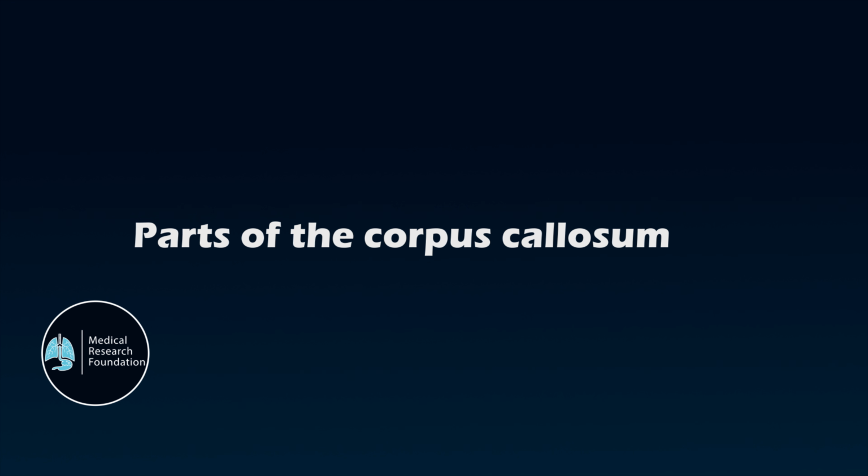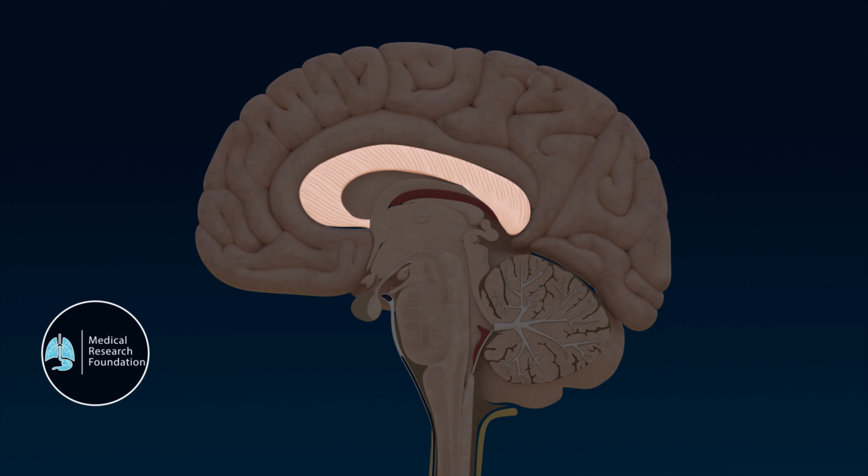Parts of the corpus callosum. The corpus callosum is divided from before backwards into the following 4 parts. Genu. It is the thick, curved anterior extremity of corpus callosum, which lies 4 centimeters behind the frontal pole.